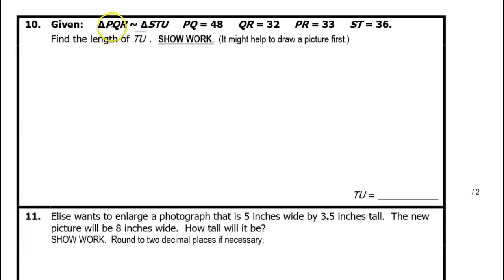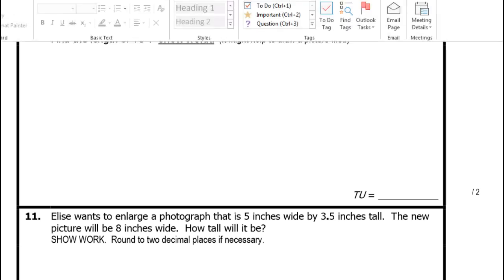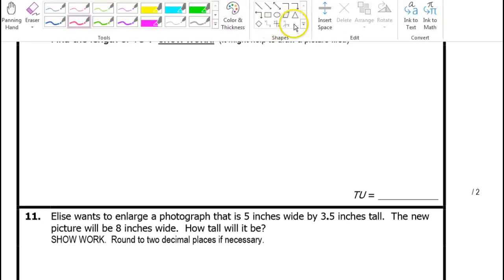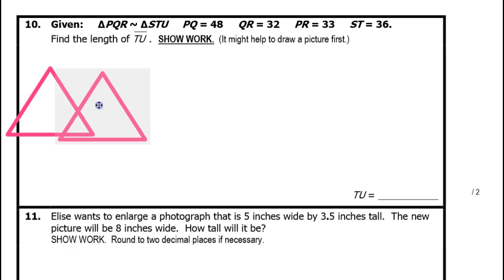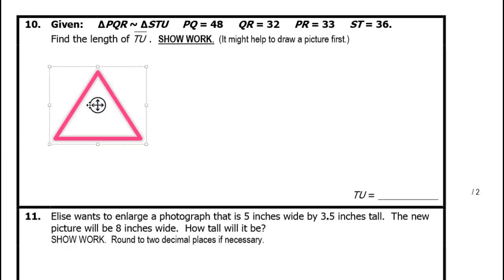Okay, triangle PQR is similar to triangle STU. They didn't give us a picture this time, so I guess we have to draw our own pictures. I'm going to cheat a little bit. Whoa, okay, got carried away there. All right, I don't know how this is going to turn out, so I'm just going to draw a roughly equilateral looking triangle.